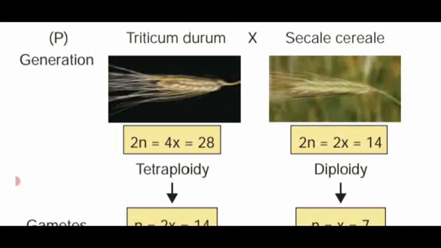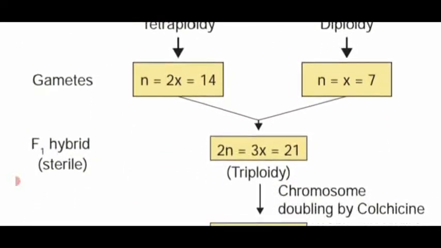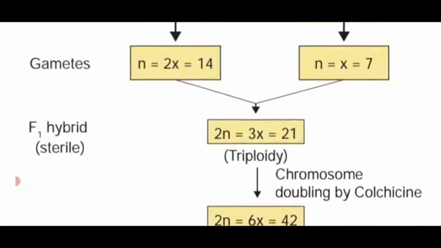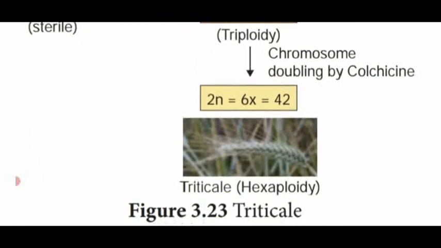So 4 plus 2, we should get hexaploidy in the F1 generation, but due to the lack of chromosomal number, the F1 hybrids are sterile, showing triploidy only. By the application of colchicine, they produce the hexaploid number of chromosomes. So this experiment successfully proved the first man-made cereal named triticale. This one we have seen in the previous video class.